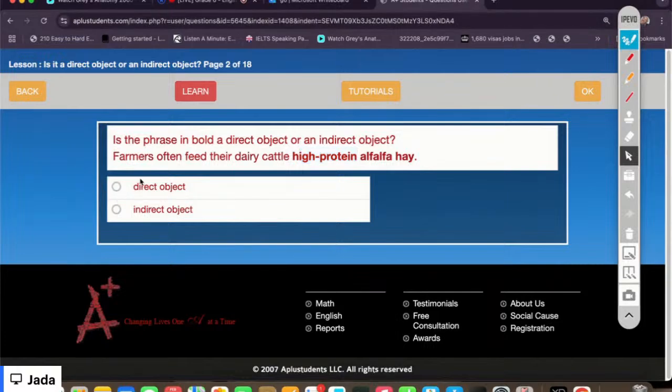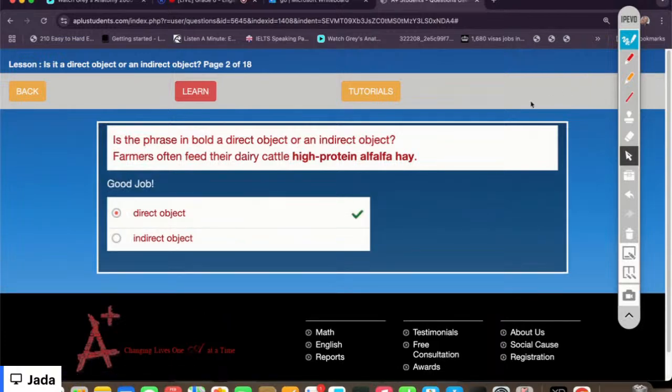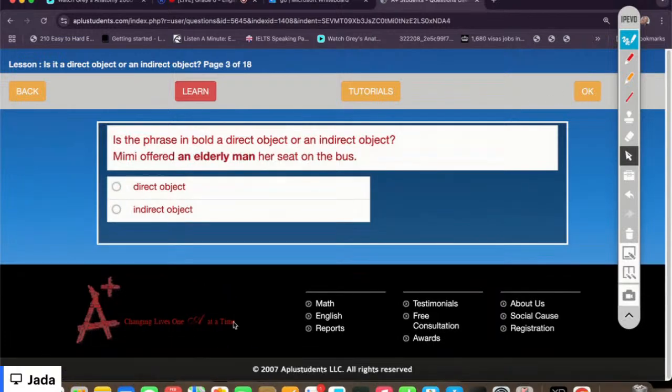Alright, so this one will be direct object. Okay. Alright, so we have: Mimi offered an elderly man her seat on the bus.